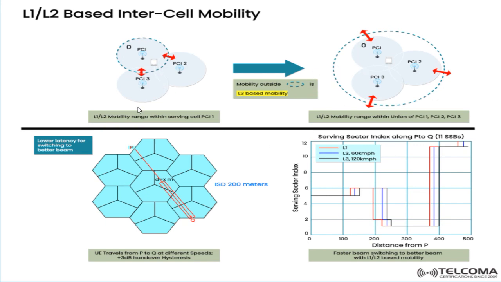These are layer 1 layer 2 based mobility. The UE travels from P to Q at different speeds plus 3 dB handover hysteresis. If we calculate, these are the cells.